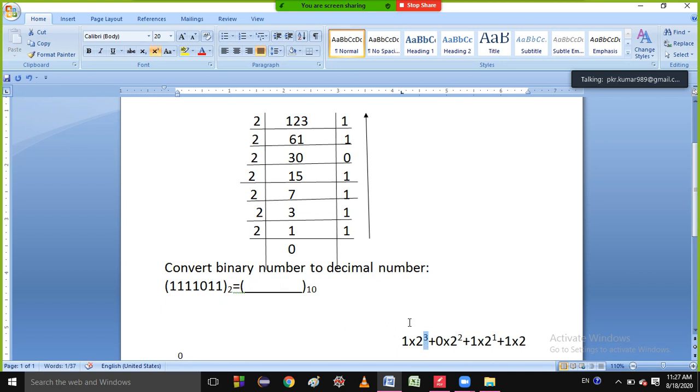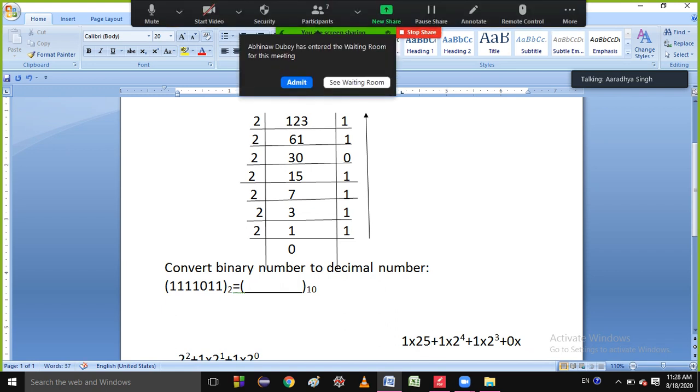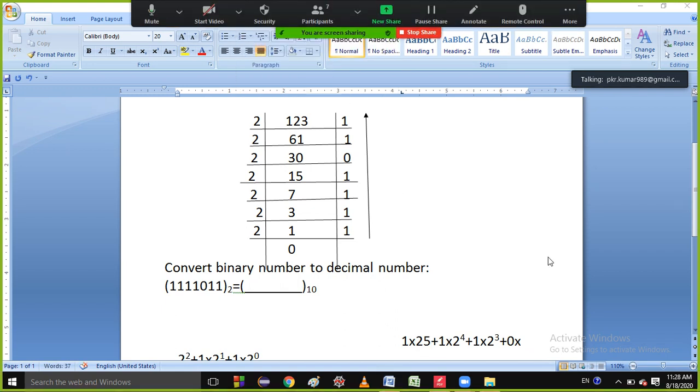Very nice. Then again plus 1 multiply 2 power, how much will you write? Then plus multiply 2 power 5. Very nice.